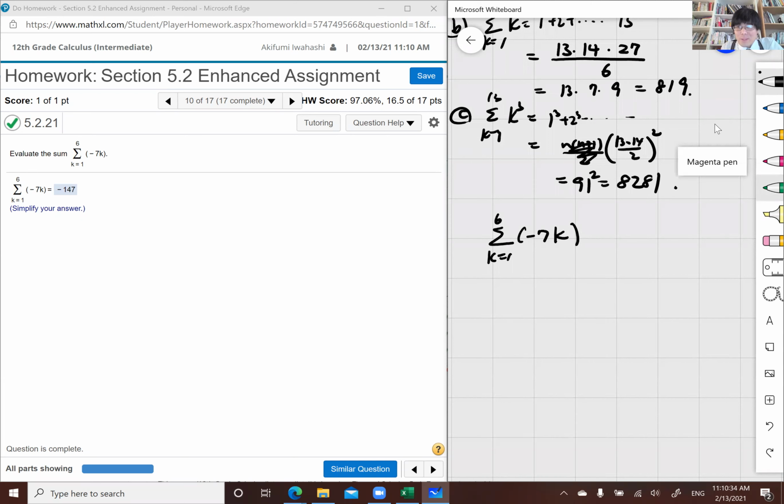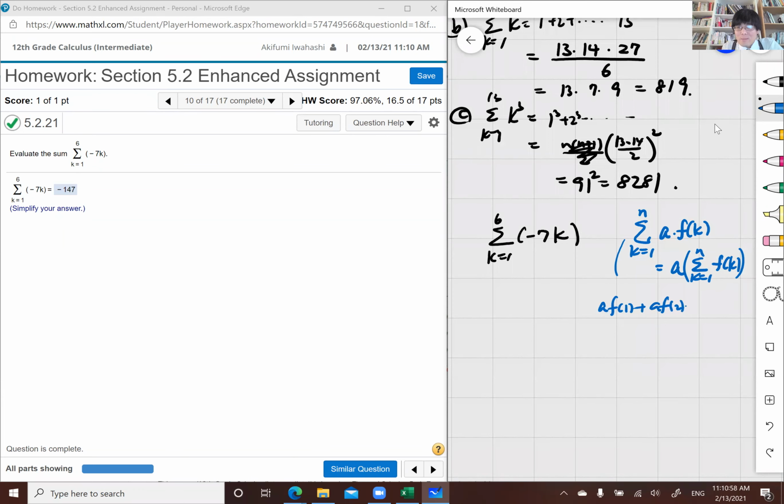One property of the sigma is that when you have some constant number multiplied by some function, this constant number can be put outside of the sigma notation. It is true because this means a times f1 plus a times f2 plus a times f3 and so on, which is the same thing as a times the sum of f1, f2, f3 and so on. So you can put a outside and use the sigma notation for this part.